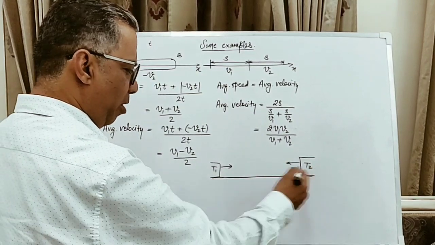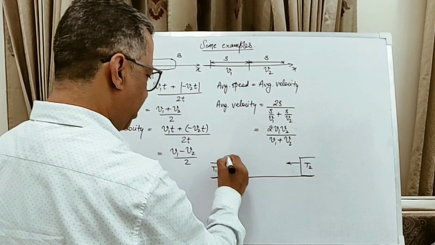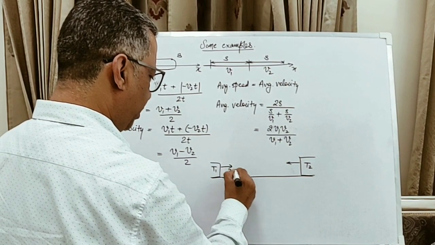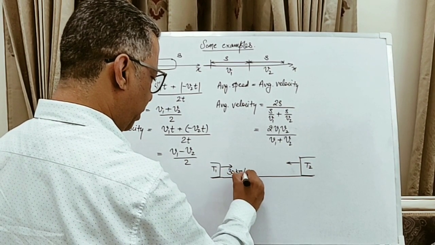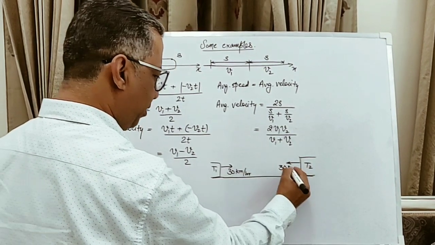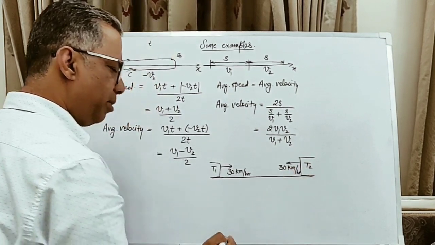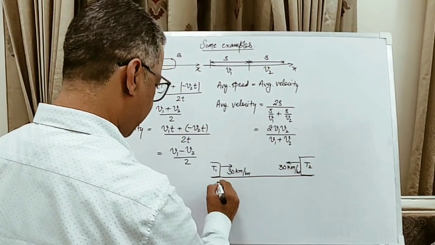They're on the same horizontal railway track, traveling with 30 kilometers per hour each. Constant velocities, 30 kilometers per hour each in magnitude, opposite in direction.